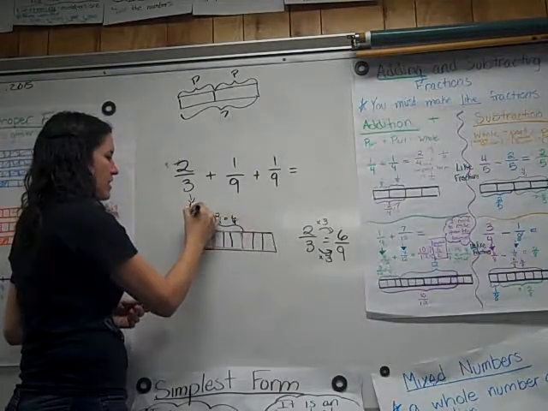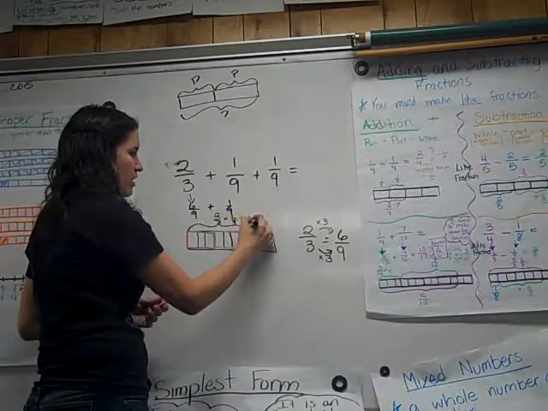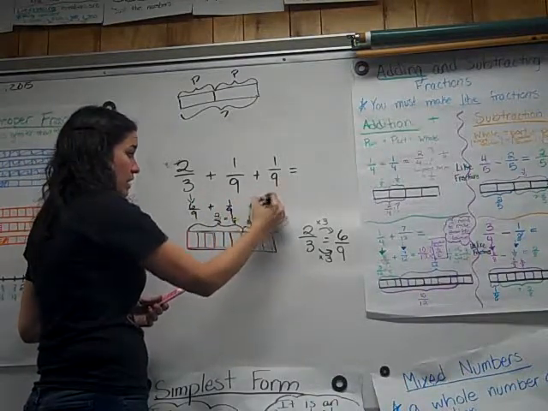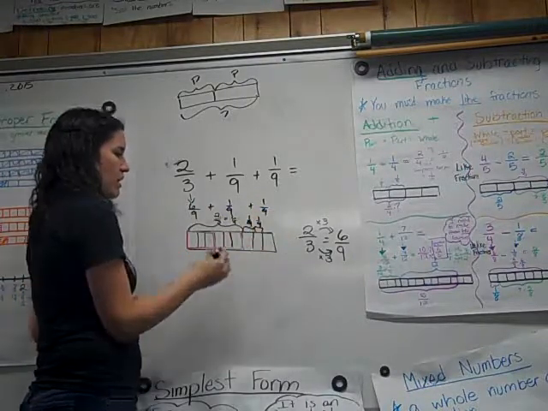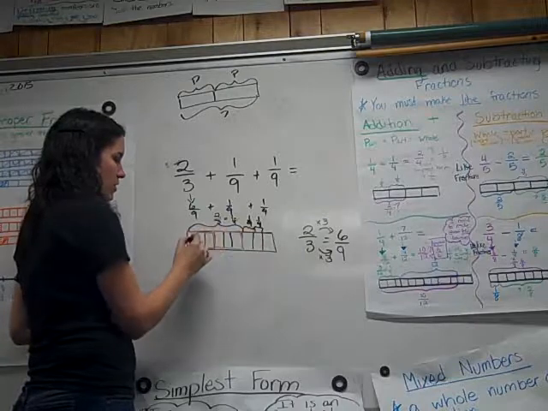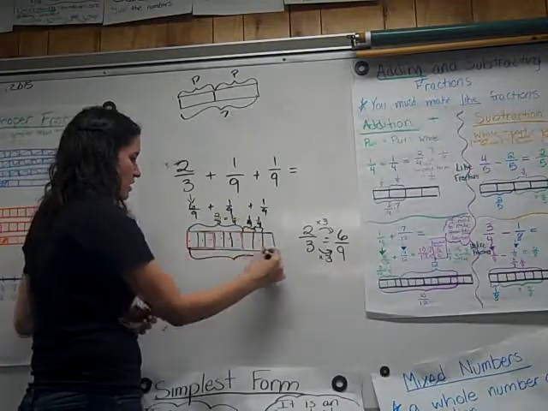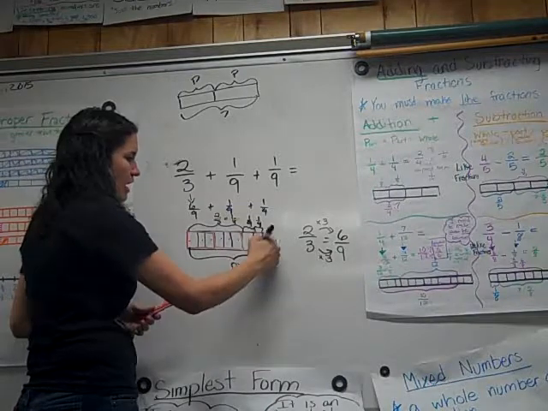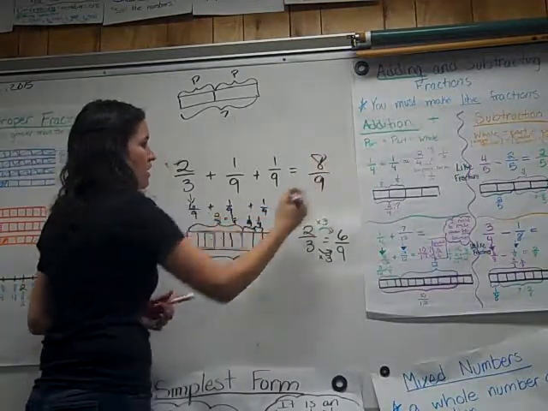Now we've got 6/9 plus 1/9, add another part here, plus another 9th, add one more part here, and now you have 1, 2, 3, 4, 5, 6, 7, 8 all together out of 9. So we now have 8 ninths.